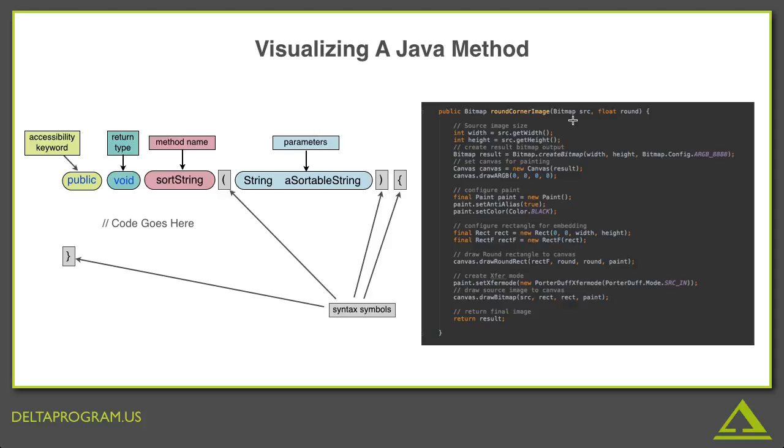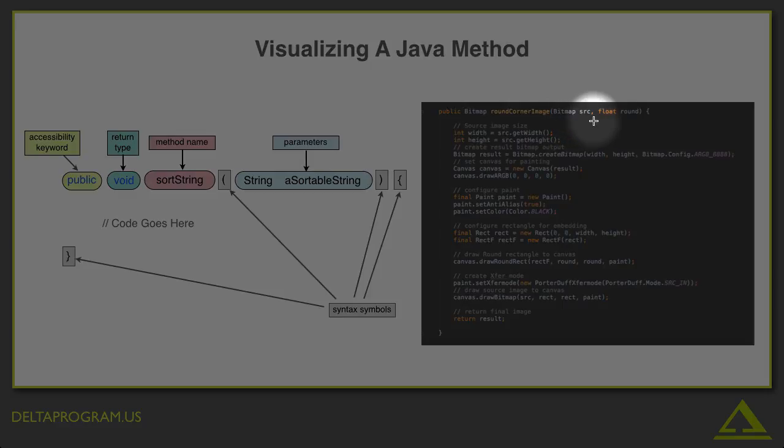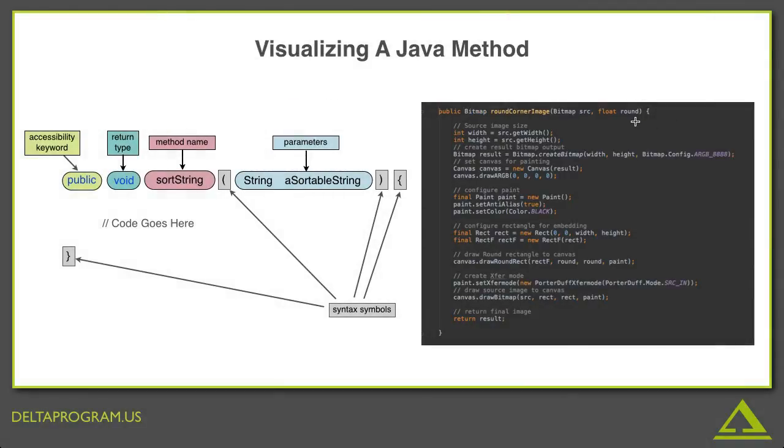Now, if you're a good detective, you should have noticed that there's something else in the parentheses that we haven't talked about yet. It's this comma. There's a comma, and then there are two more words there, float and round. Well, can you guess what the comma means? It indicates that there is more than one parameter for this method. In other words, to use this method, you have to input not just a bitmap, but also a second parameter.